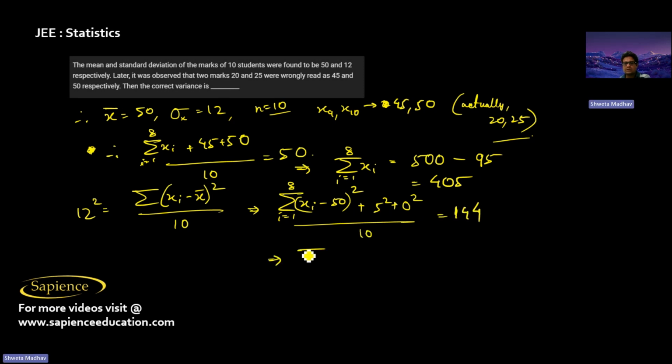So therefore, summation i goes from 1 to 8 xi minus 50 whole square will be equal to 1440 minus 25, which is 1415.